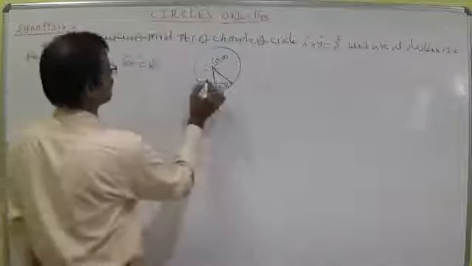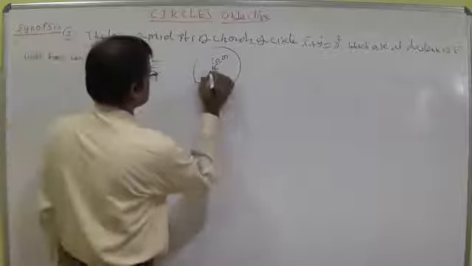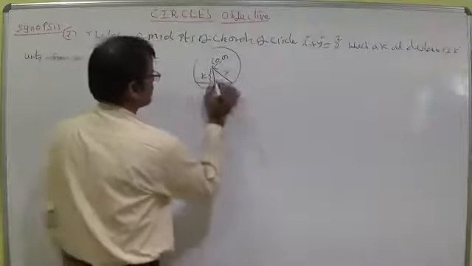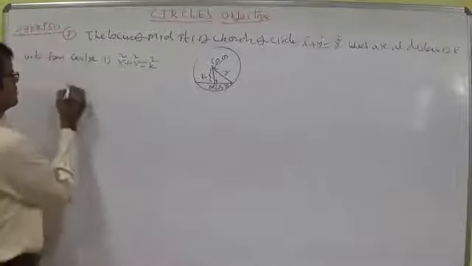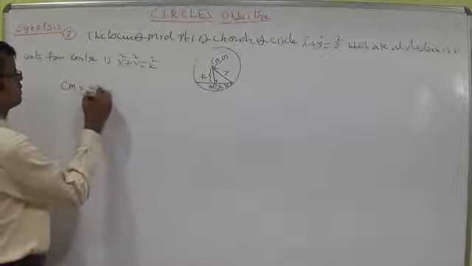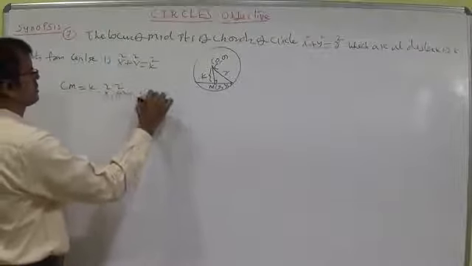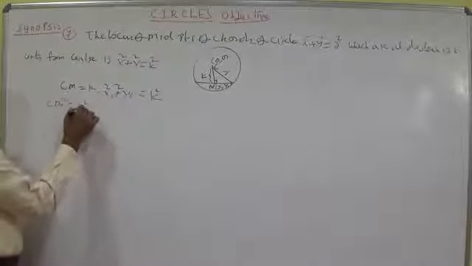This is k, this is r. So you can write simply CM is equal to k. So directly you can write x1 square plus y1 square is equal to k square, by squaring both sides, CM square equal to k square.